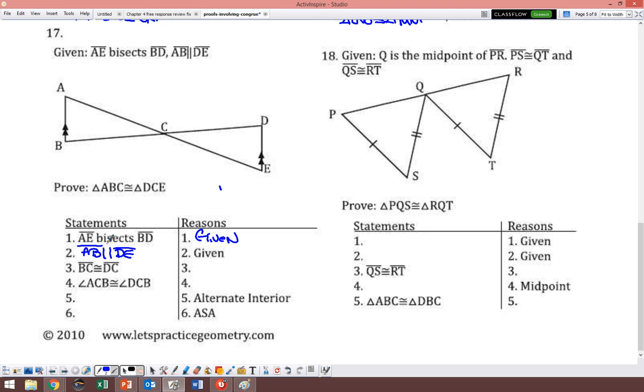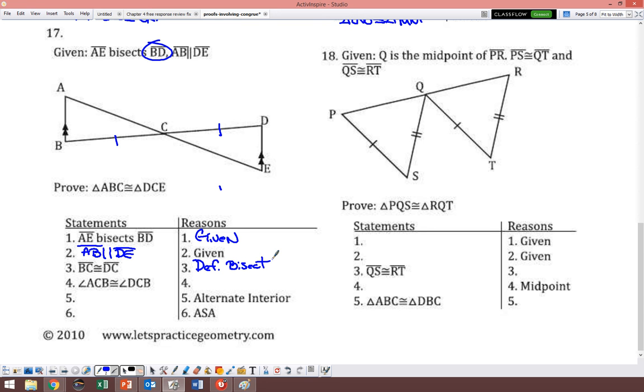It says BC congruent to DC. Okay, this goes back to the stabbing. We just stabbed Josue again. Definition of bisect. Very good. Because we cut BD in half, right? So that's definition of bisect, and I marked it.